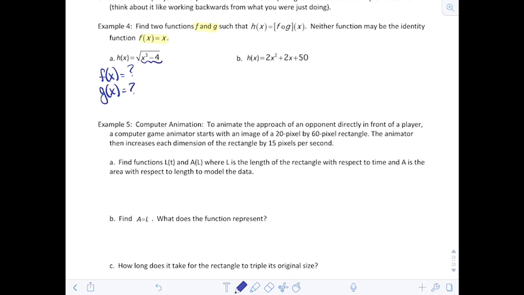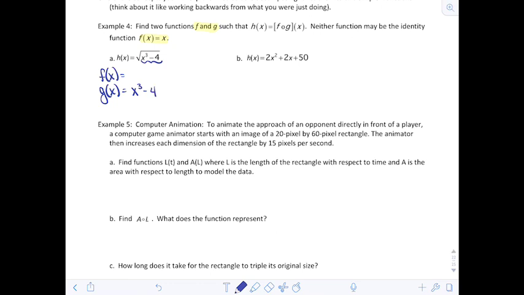I am going to look at the inside under that radical. That's the first thing I see, and the way that I see it is maybe an x cubed minus 4 was put in for an x, the square root of x. So I am going to write mine this way. I'm going to say that g of x was the x cubed minus 4.